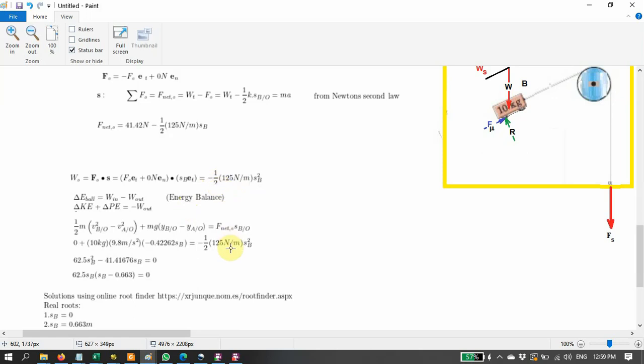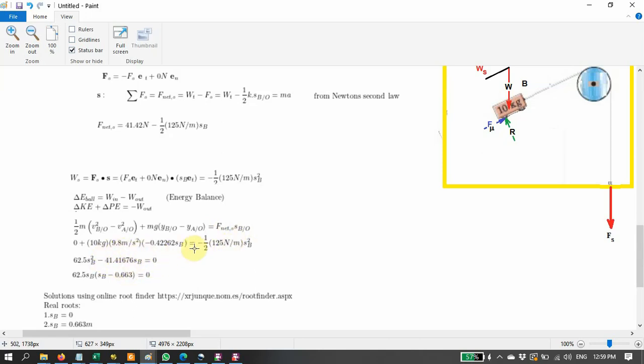So we can directly place it inside the energy balance. So this is the energy balance definition, and this is the definition of kinetic energy changes, potential energy changes, and this is the net amount of force acting on the spring, right? So from that we can get the equation.